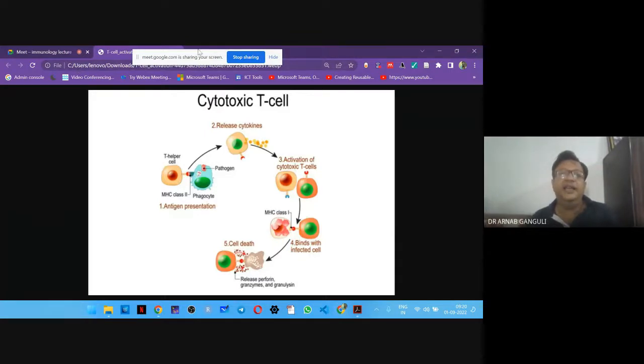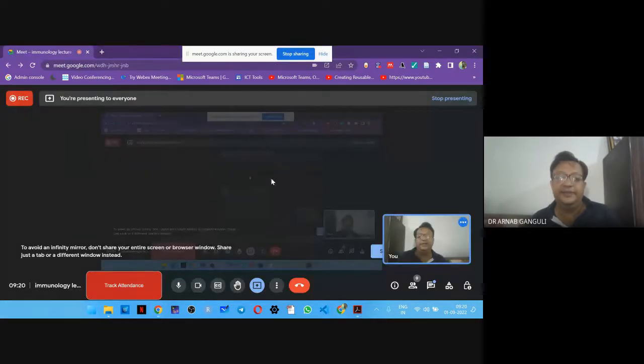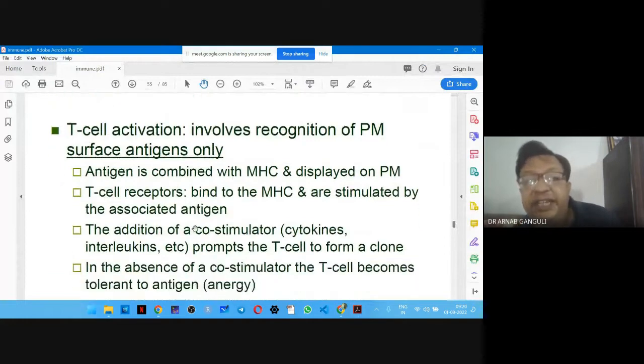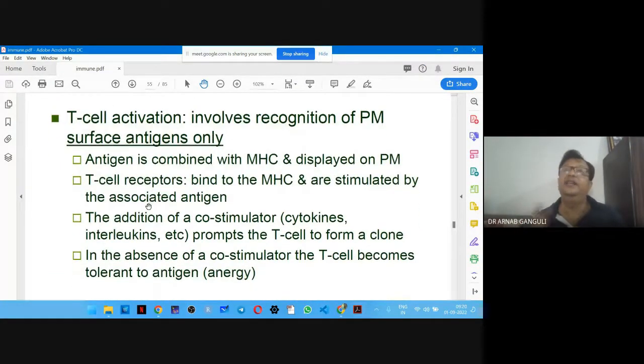Now after this, I'll get back to the main place where I've been going. So T cell activation involves recognition of plasma membrane surface antigens only. So on the plasma membrane, you have the MHC1 or 2 molecules which are displaying the surface antigen.